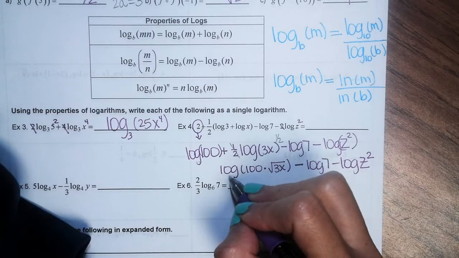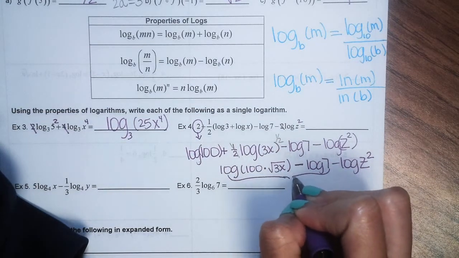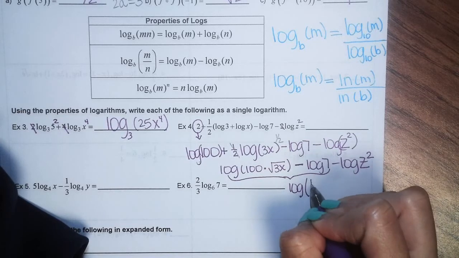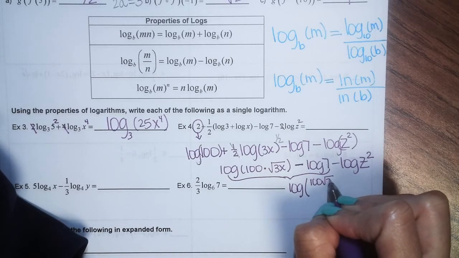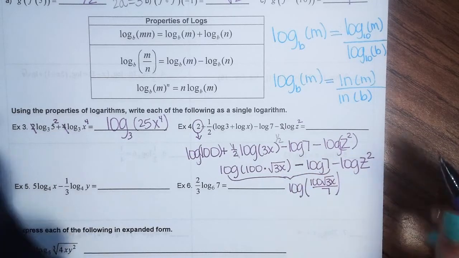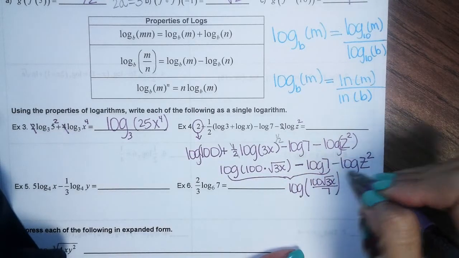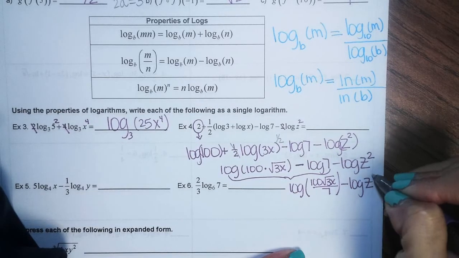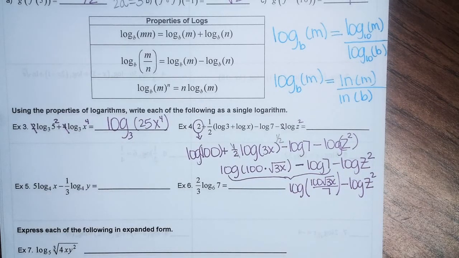So these would be log of 100 square root of 3x over 7, minus the same stuff still, minus log of z squared. So finally, I'll do it one last time to get them into a single log.